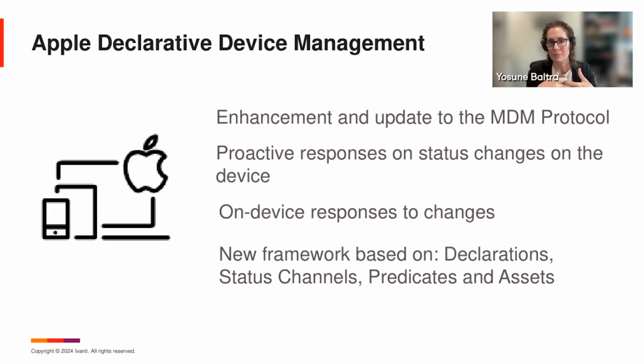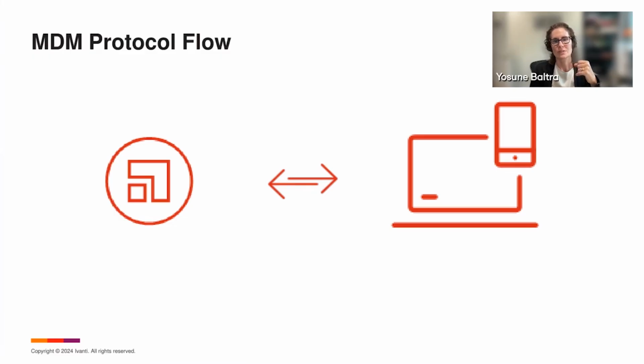So the good thing about declarative management is now it allows for proactive responses on the status changes on the device. Before, we had to wait for the server to make some evaluation, but now the responses are on time because they come directly from the device. So I'm going to talk a bit more about that to make it more clear.